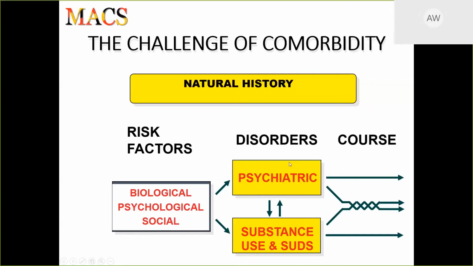So even if it does seem to have been a kind of self-medication initially, over time, as the symptoms and the various consequences of the substance use, and the symptoms of the psychiatric disorder continue to progress together, they often become intertwined. And then in the end, it doesn't matter so much if you just treat the psychiatric disorder. It doesn't necessarily mean that the substance use disorder is all of a sudden going to get better because you treated that primary psychiatric disorder.